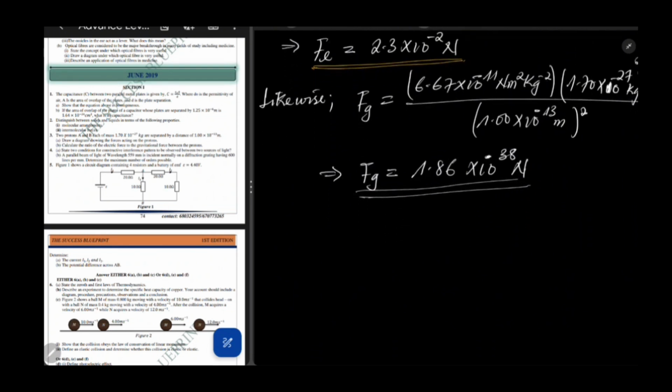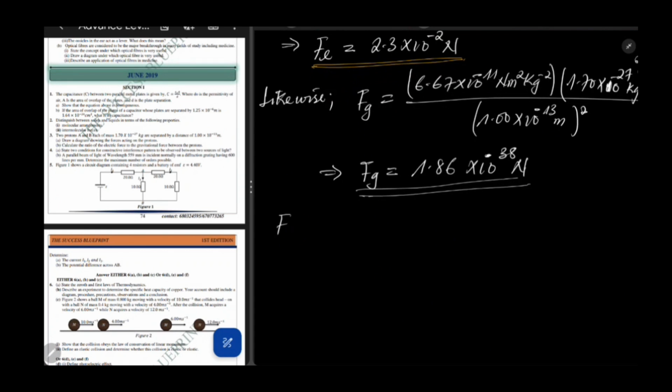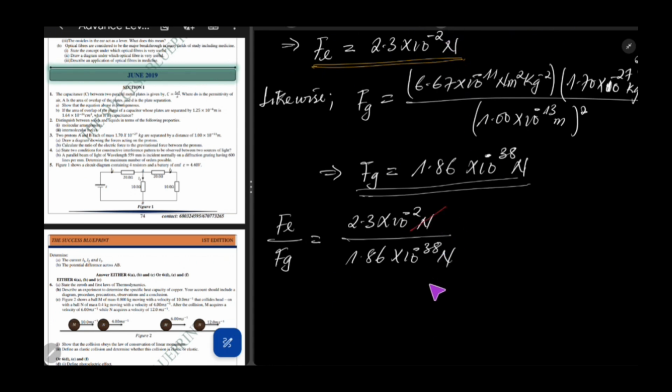Now what about the ratio of Fe to Fg? So we have Fe divided by Fg will be the same as 2.3 times 10 to the power negative 2 newtons divided by 1.86 times 10 to the power negative 38 newtons. Clearly, the unit of newtons will cancel out. So the ratio will be equal to 1.24 times 10 to the power 36.